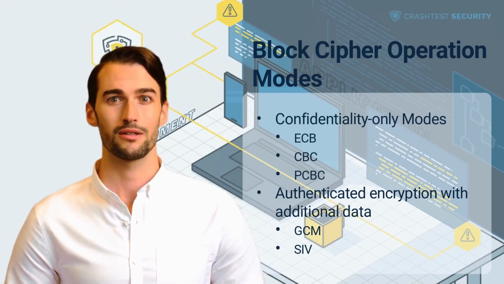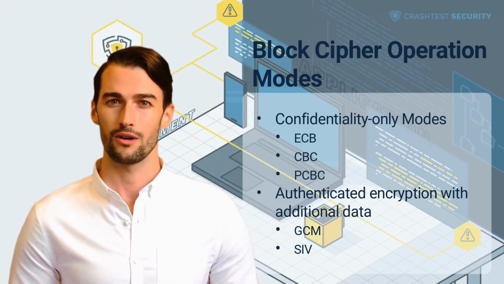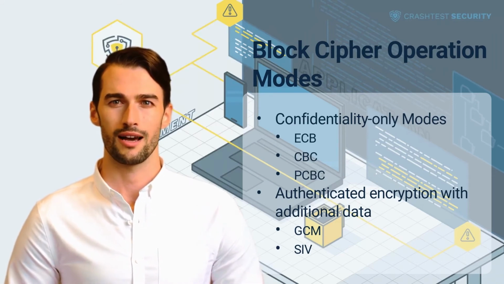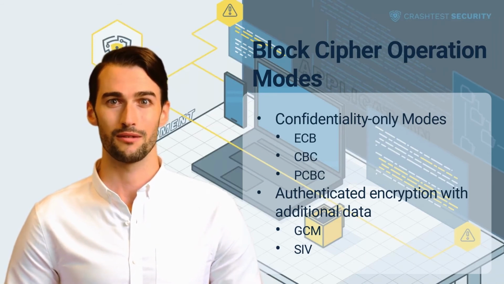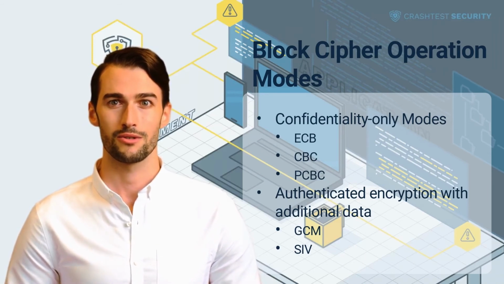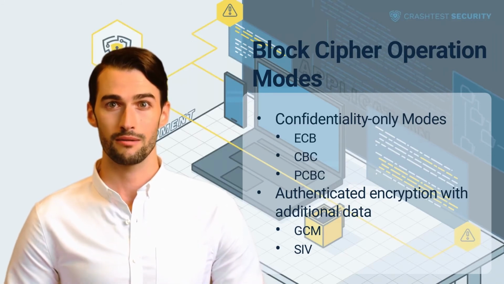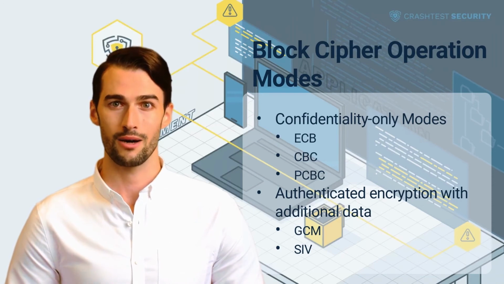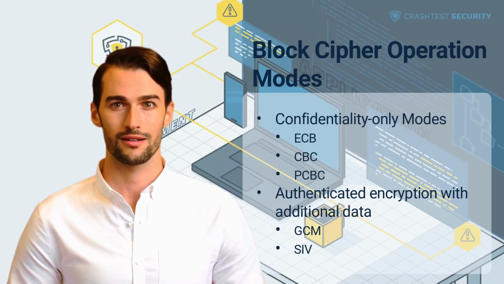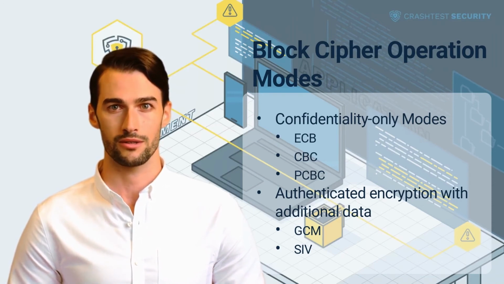Authenticated encryption with additional data. This mode of operation for block ciphers ensures data authenticity and confidentiality. This mode can be further subdivided into Galois Counter Mode (GCM). It uses an incremental counter that generates a universal hash over a finite binary field, Galois field, to generate message authentication codes before encryption and decryption.